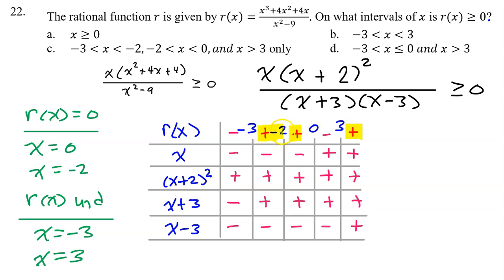Because of that, this will just be one fat interval because of the or equal to. We also want to include the 0 endpoint. So I'm going to show that with a bracket right now. We will not include the -3 or the 3 because r of x is undefined at those values. So I'm going to leave that as parentheses.